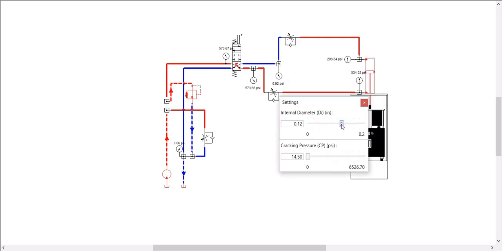Again, notice the pressure differential between ports of the flow control and the cylinder when the power unit is moving.